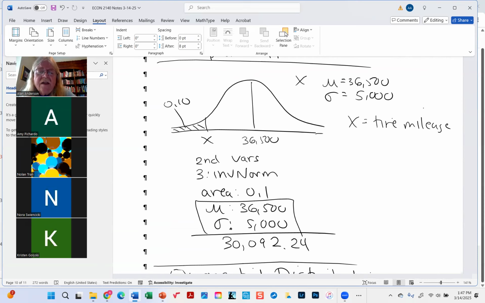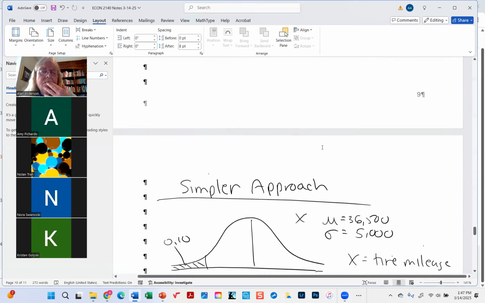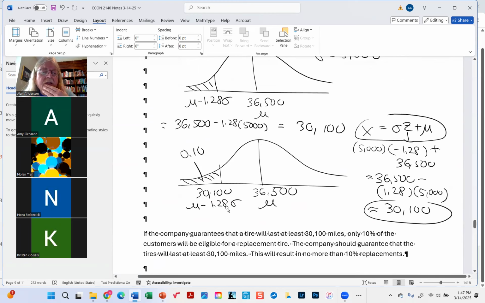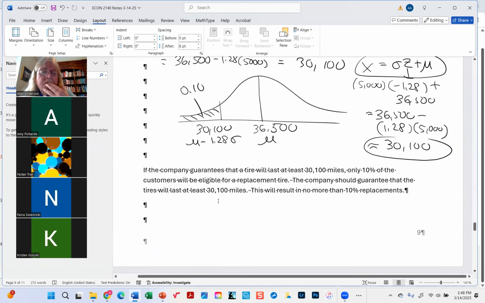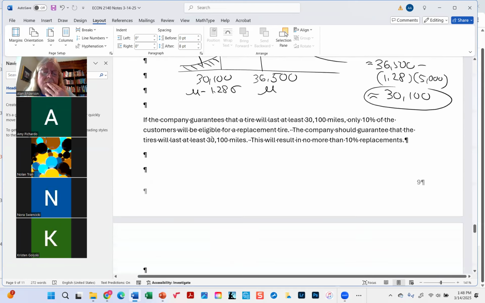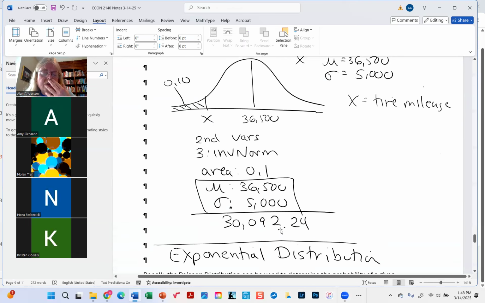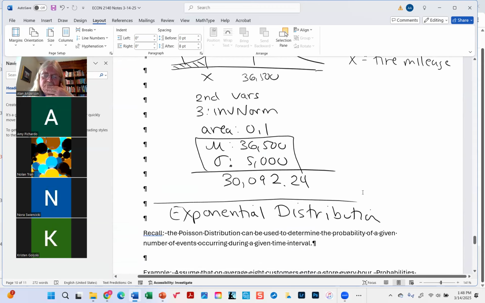Now, if you notice, it didn't turn out exactly the same. That's because this 1.28 is only an approximation, but they're pretty close to each other. But this is actually the correct answer, 30,092.24 miles. If we guarantee that much, we'll only have 10% or less of people claim a refund or a replacement.